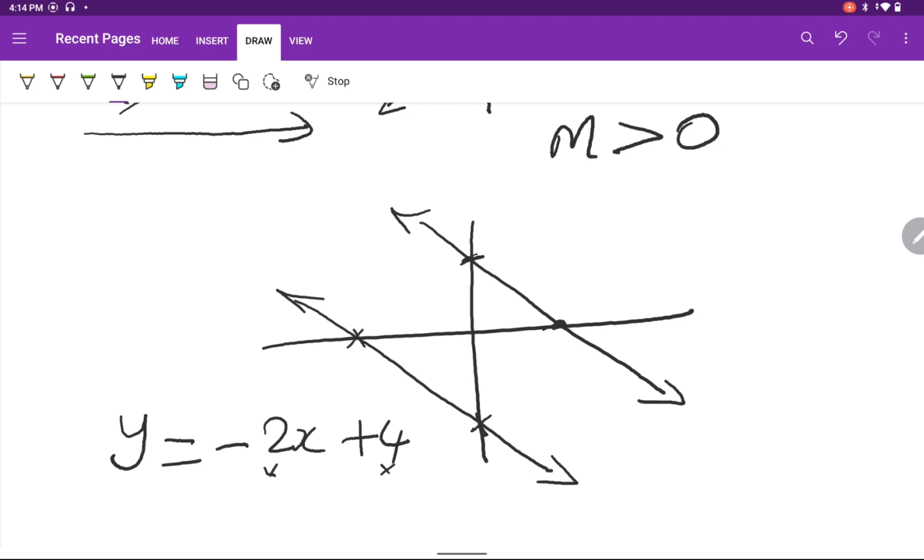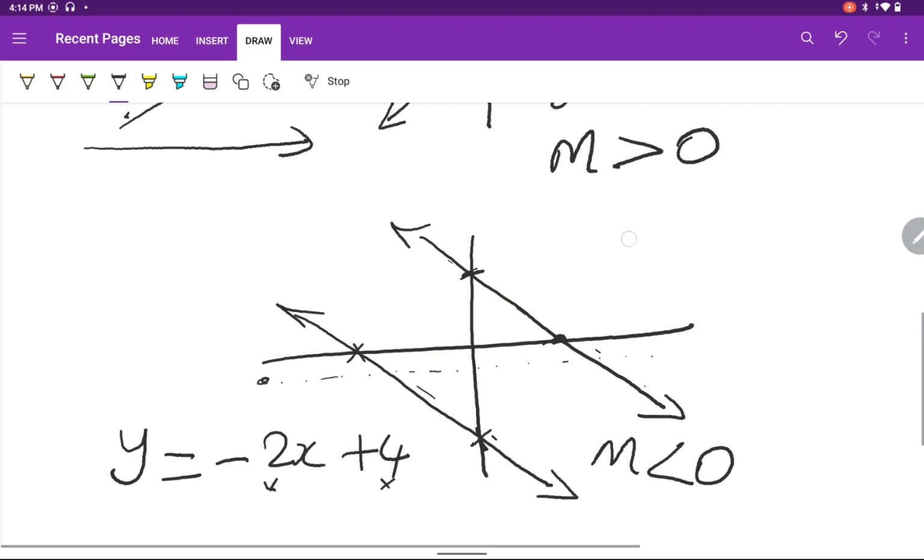In both these graphs, m is negative, so m is less than 0. In both graphs, you can see they are decreasing functions as we move from left to right. The graph is going down, so it's a decreasing function.